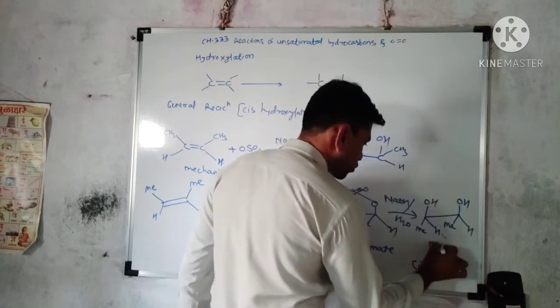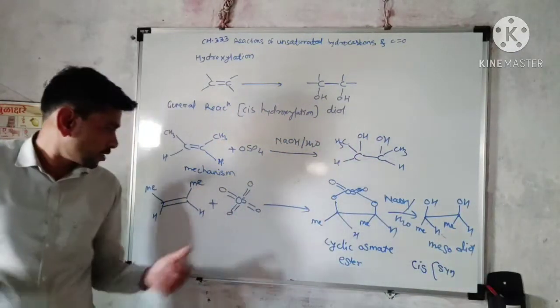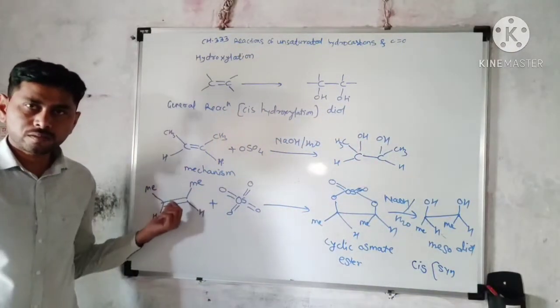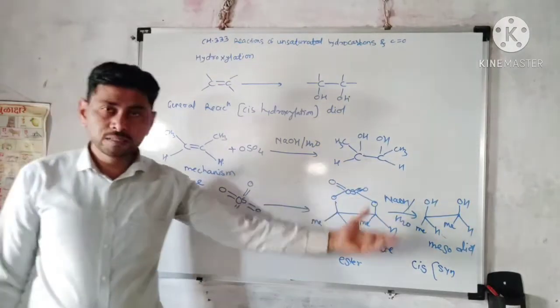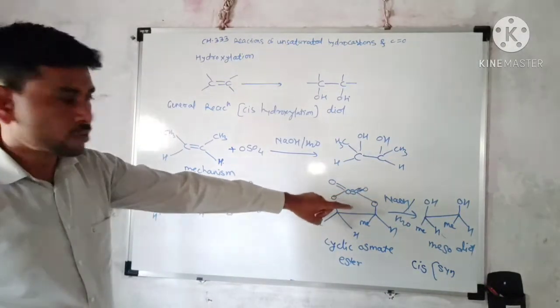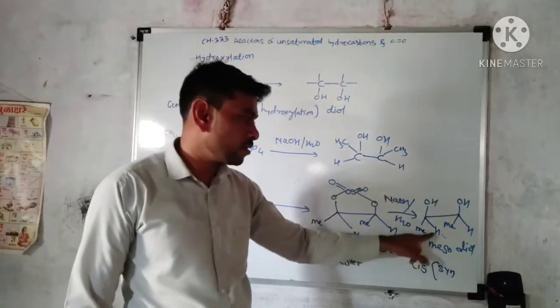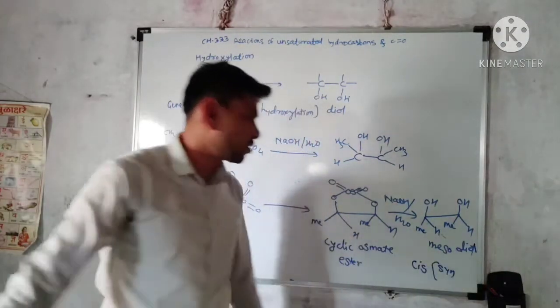This is mesodiol again. Mesodiol formation takes place from this cis reactant, and if you use trans reactant, then there is formation of DL product. Okay, dextro-levo product obtained there, racemic mixture obtained there, but here mesodiol formation takes place.